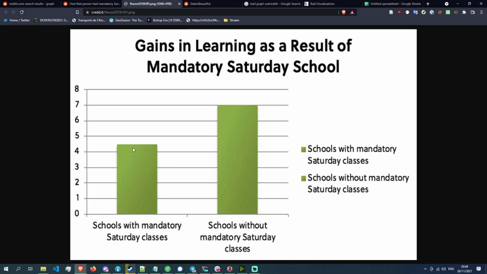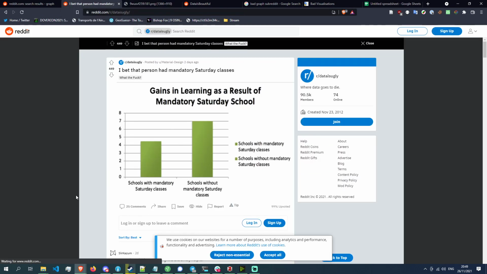So this would be 4.5 schools. First of all, how do you have 4.5 schools? And then you have 7 schools that do it without mandatory classes. Okay, where do gains in learning come in? There is nothing to do with gains. It's just numbers of schools, and even then, half a number.